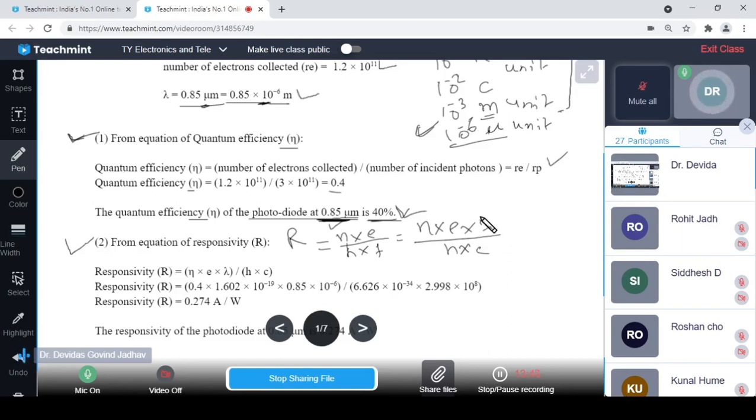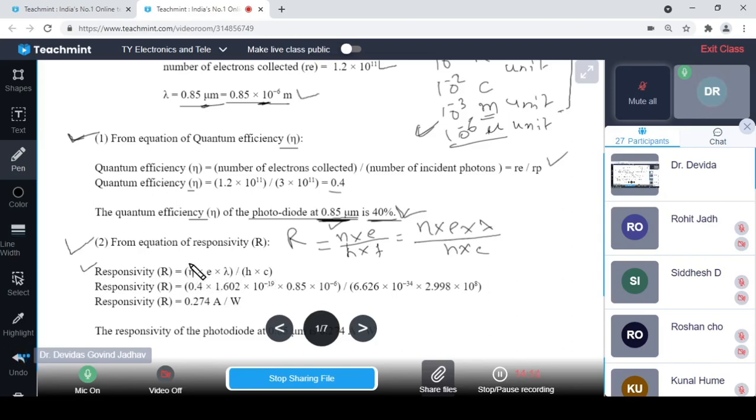This is the equation we can use for calculating R, because all quantities are known, either calculated or given. So responsivity R is equal to eta into E into lambda divided by H into C.